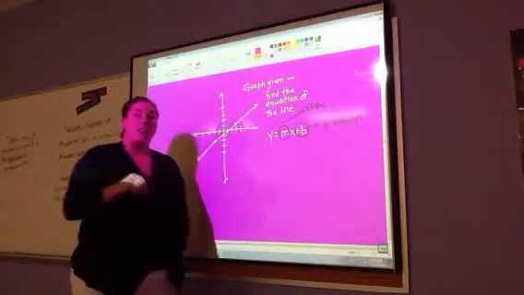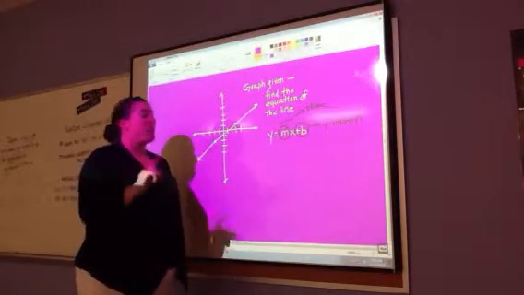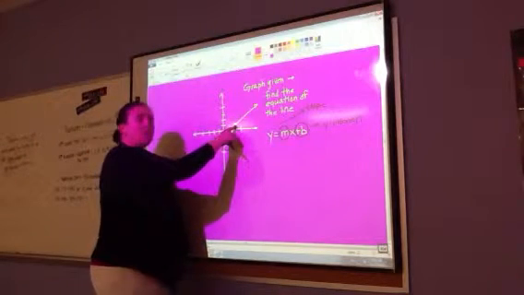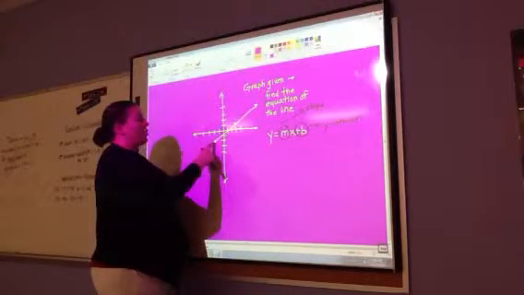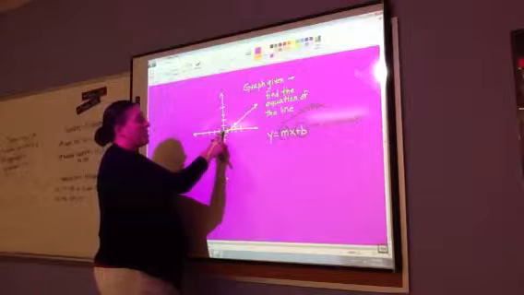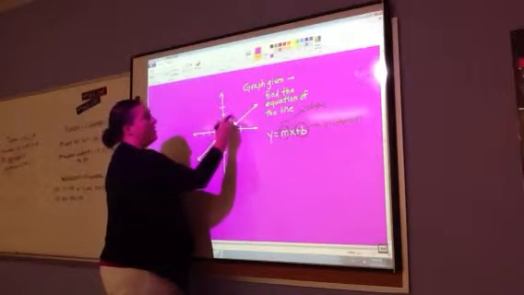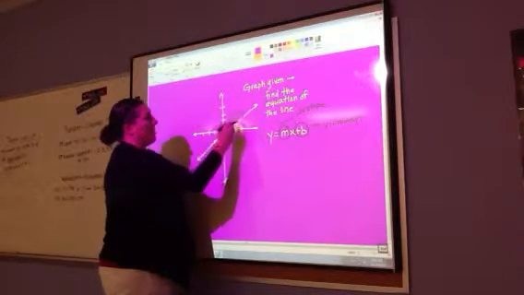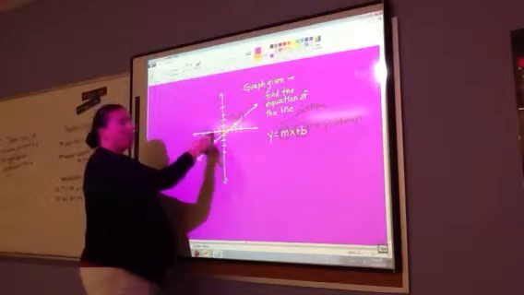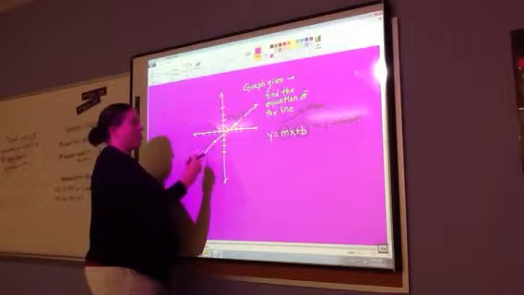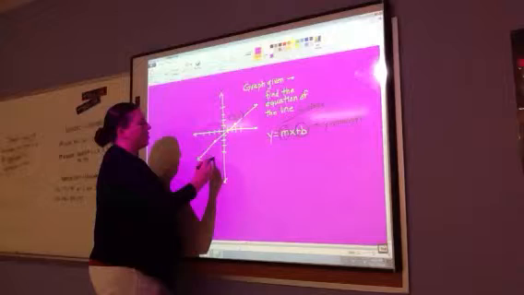With these values, you can actually write the equation of the line. So the first thing that we're going to do is we have to know the coordinates of this point and the coordinates of this point. So this one is over 3 up 1. So this coordinate is 3, 1. And this coordinate is over -2 down 2. So that's -2 comma -2.